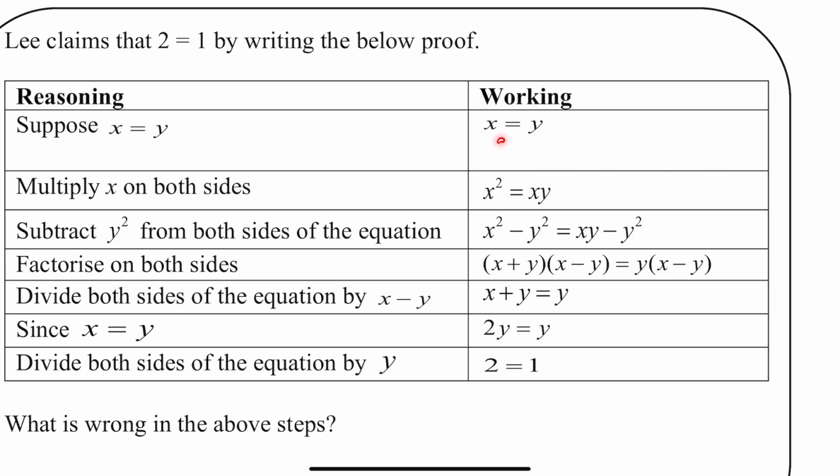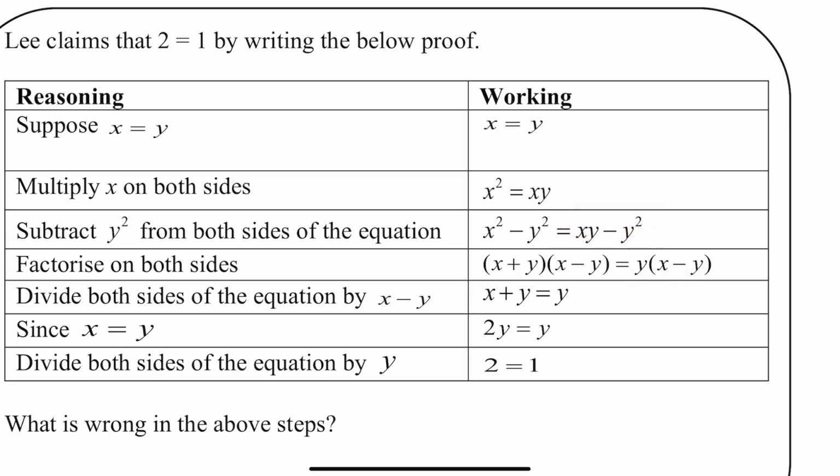Then they multiply by x, so I get x squared equals xy. Then I subtract y squared from both sides of the equation. I get x squared minus y squared equals xy minus y squared. You know that x squared minus y squared is equal to x plus y times x minus y. On the right side I factorize out the y. I'll get y times x minus y.